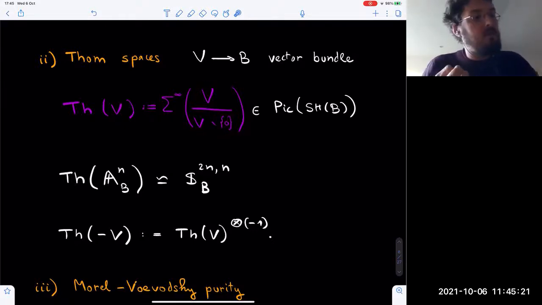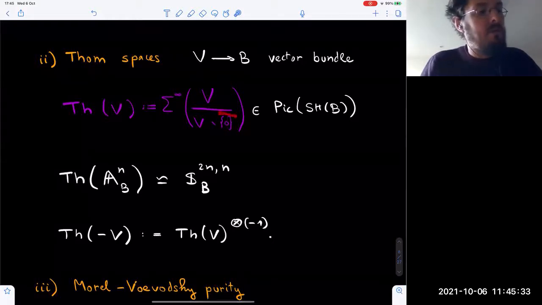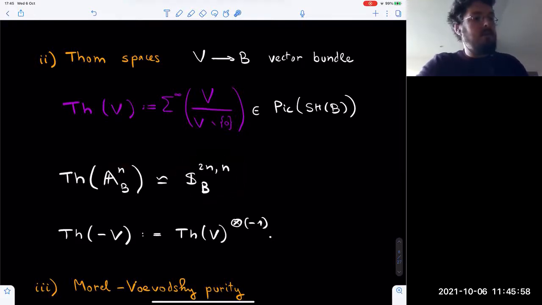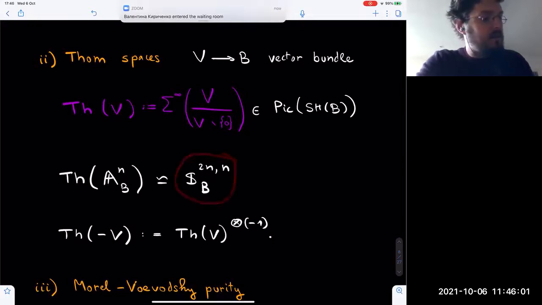So you can take in some sense the cofiber of the map from this thing to this thing, and that will give you an object in SH of B, and this object turns out to be always invertible with respect to the smash product. And one of them is already familiar to us. If you take a trivial vector bundle, then what you get is always this 2n sphere. But for a general V, it's not necessarily one of these spheres that we saw before.